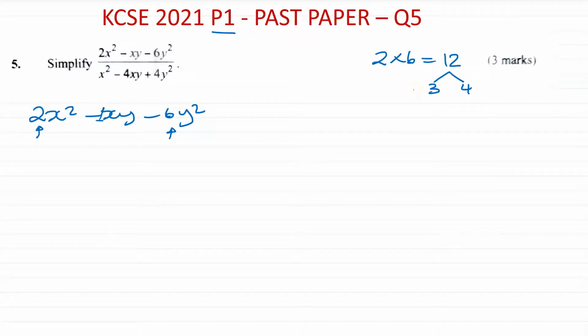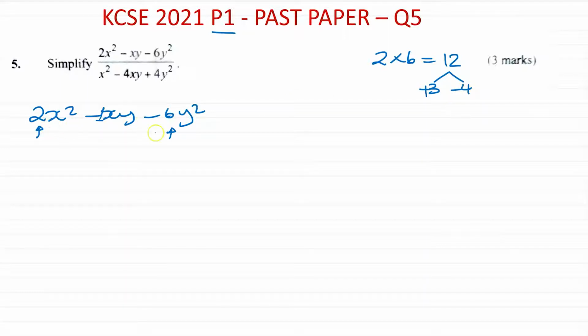Now I need to decide which number is going to be positive and which negative. I have a negative 1 here, so the 3 needs to be the plus and the other one needs to be a minus 4. They can't both be negative, because then they would give me negative 7, which is not what I want. I want plus 3 and minus 4.